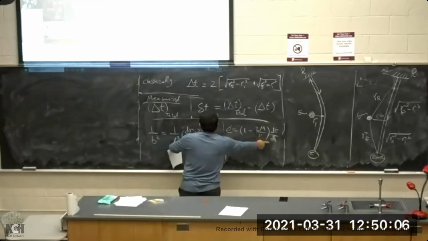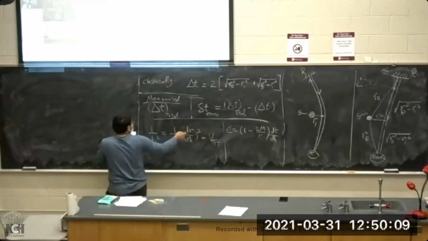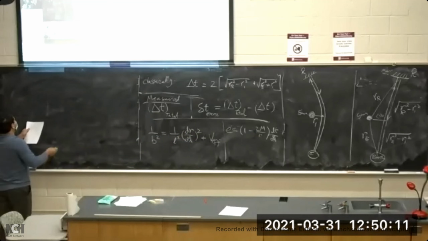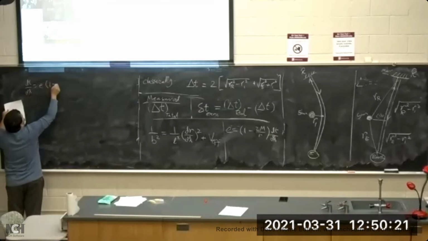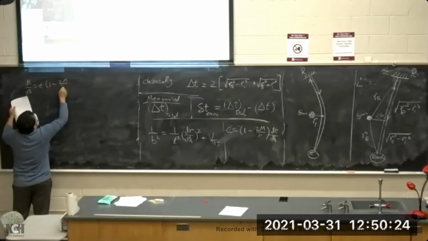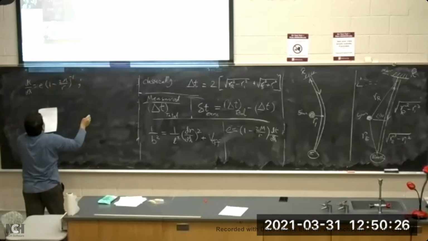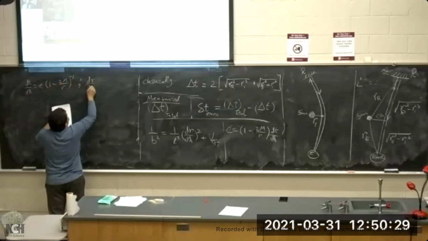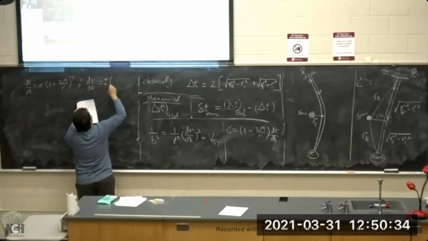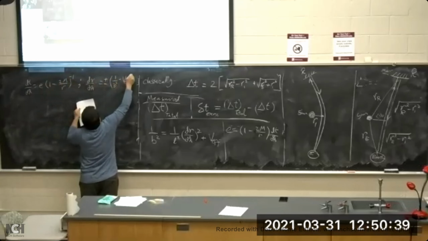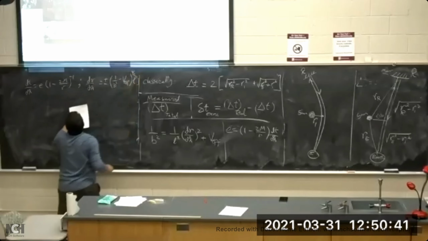Now, by using these two formulas, we have dt over d lambda equal to E times (1 minus 2m over r) to the power minus 1, and also I have dr by d lambda equal to plus or minus the square root of (1 over b squared minus V effective) multiplied by L, to the power 1/2.